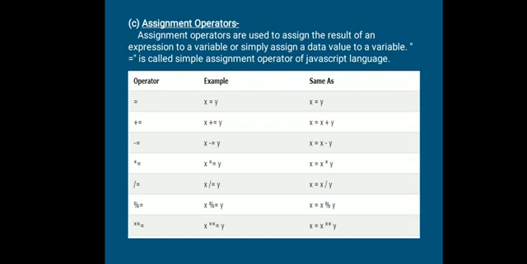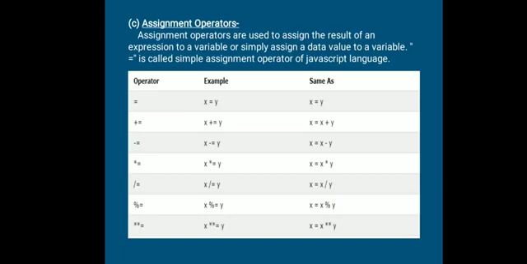So, if you have seen x plus equal to y, that means the original expression will be x equal to x plus y, where you have x on both sides of the equal to operator. So that is written as x plus equal to y.